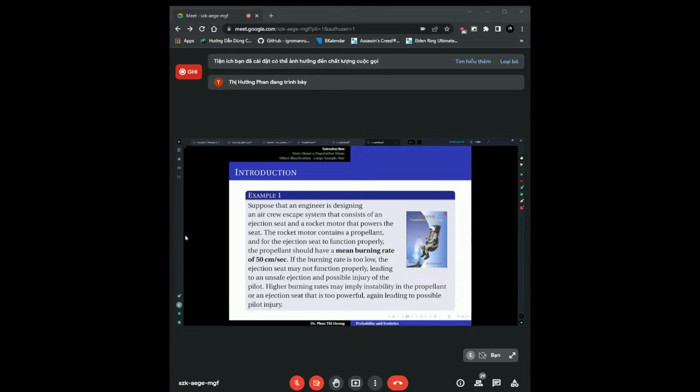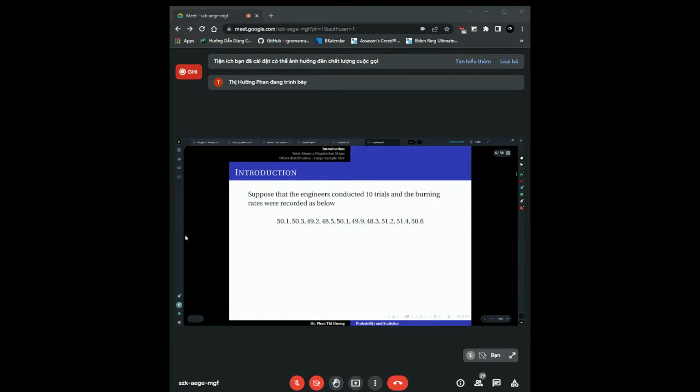This is the technical question. If they want to draw conclusions about the mean burning rate, of course they need to have data, right? So how could they get the data? Of course they need to conduct experiments. For example, suppose that the engineers conducted 10 trials.